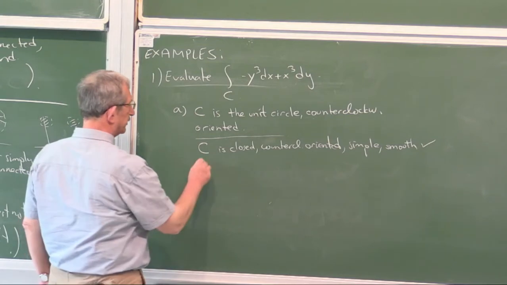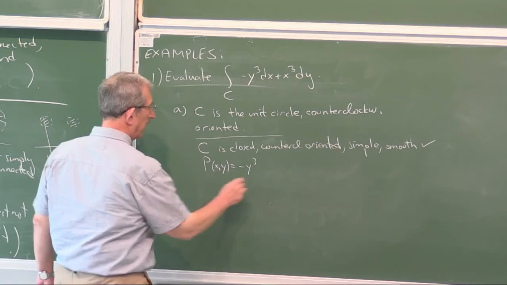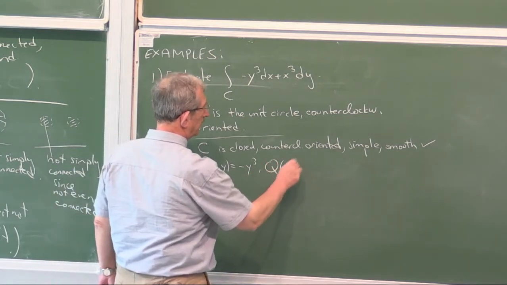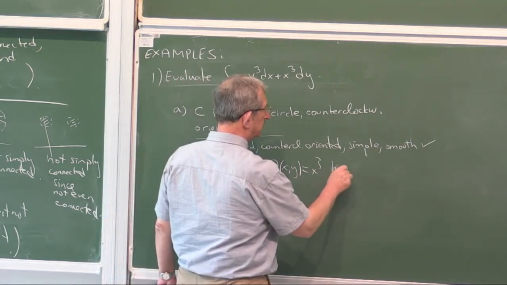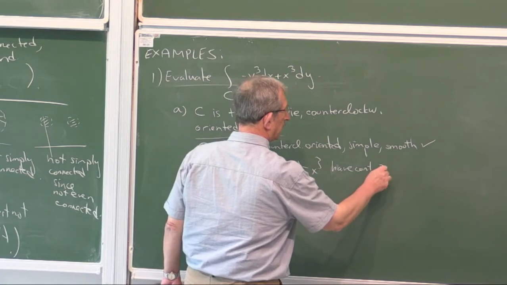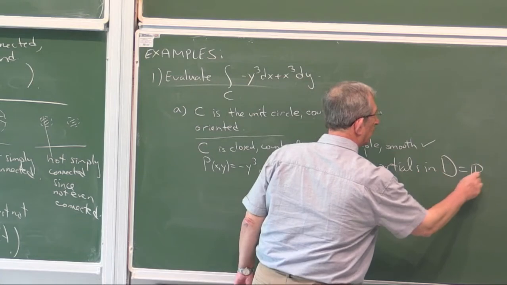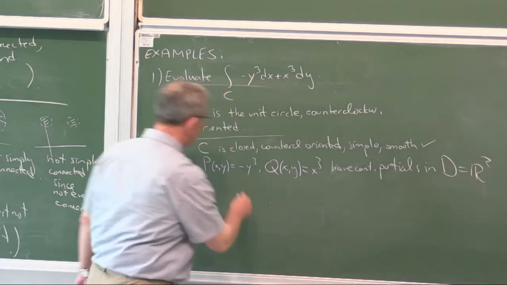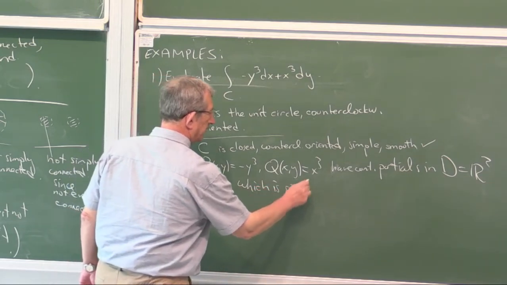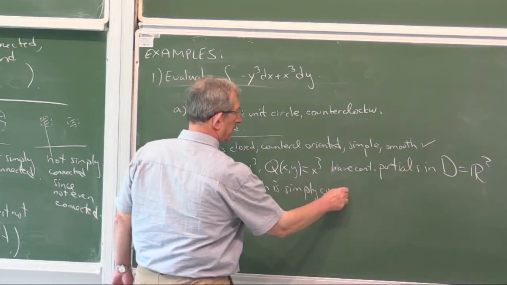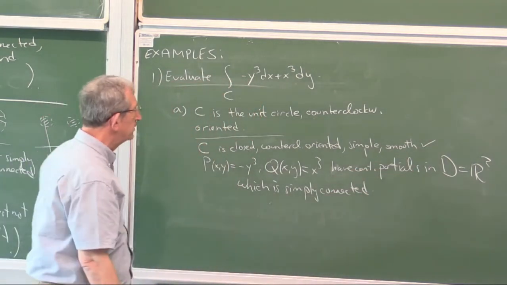And the functions P of x,y, that is minus y cubed, and Q of x,y, that is x cubed, have continuous partials in D, which is all of R2, which certainly is simply connected. I mean, in the plane, you don't have any holes left. So it is simply connected.